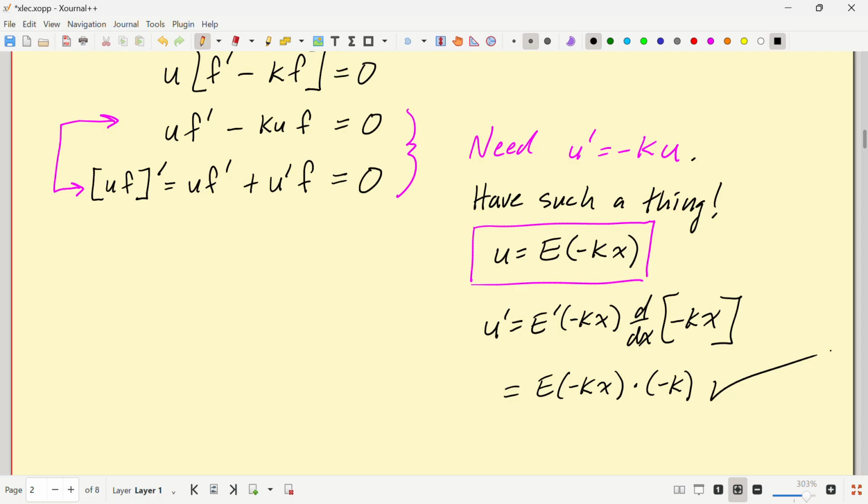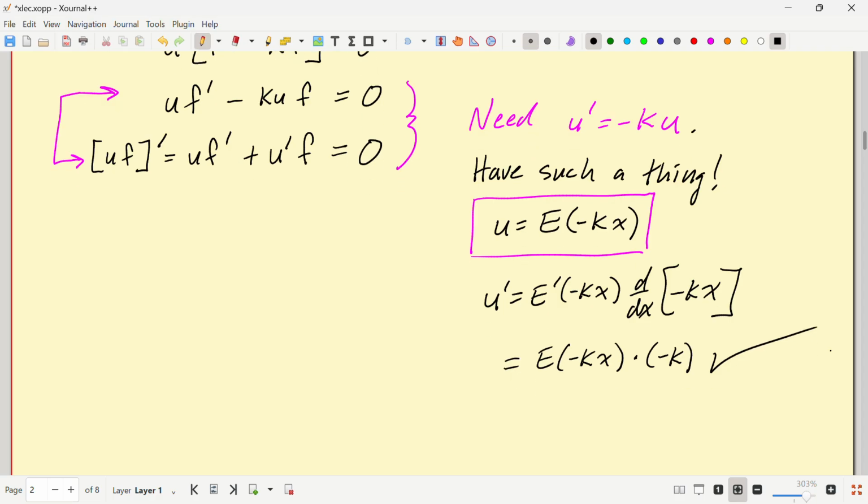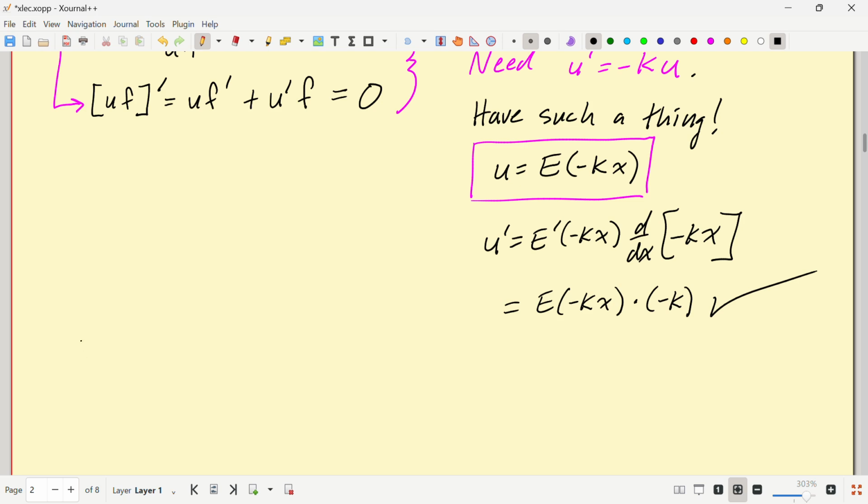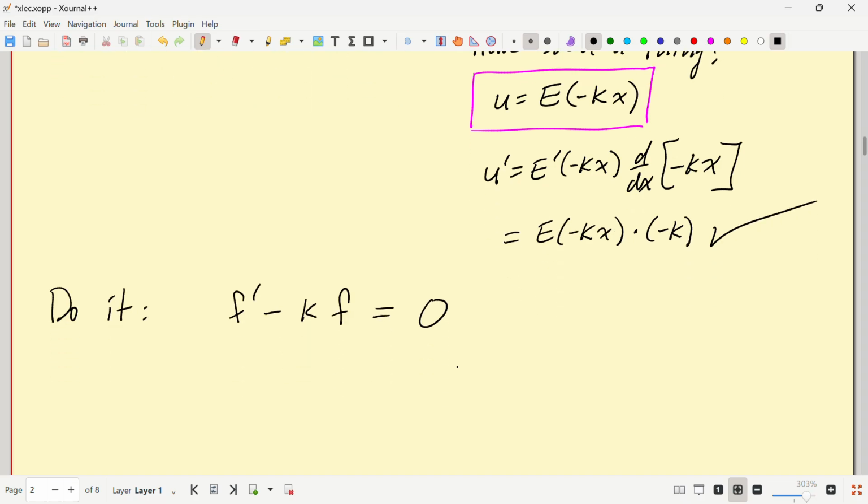So I have an integrating factor that's going to work. So now just do it. Remember what the integrating factor is for. I have f prime minus kf equals 0. I multiply by my integrating factor.